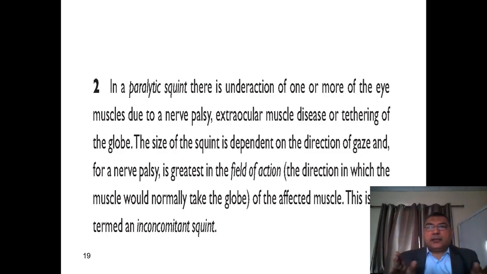So different angles in different directions of gaze, and this type of strabismus is also called incomitant. Incomitant is an expression that describes the different angle in different directions of gaze. It is due to paralysis of one of the extraocular muscles.